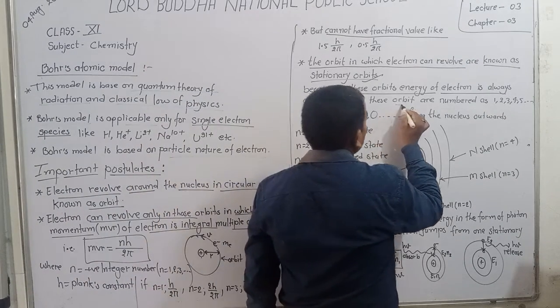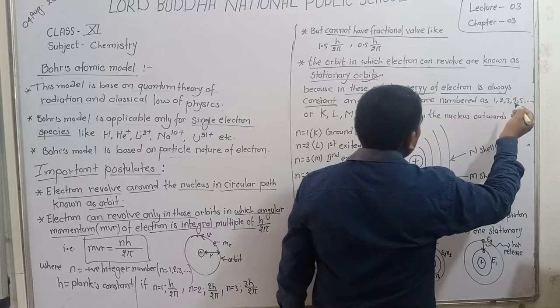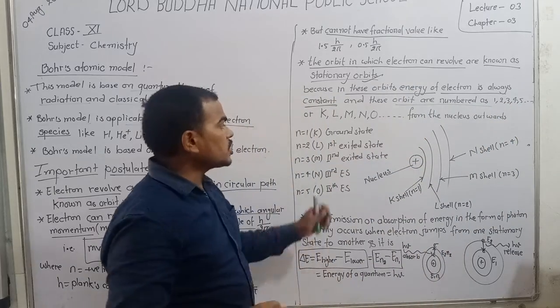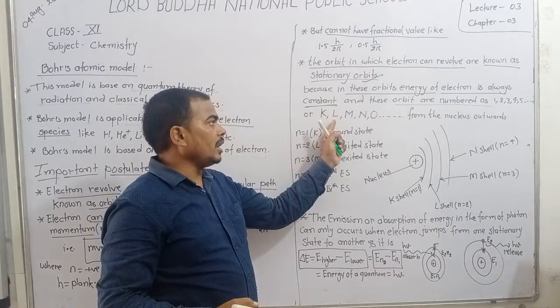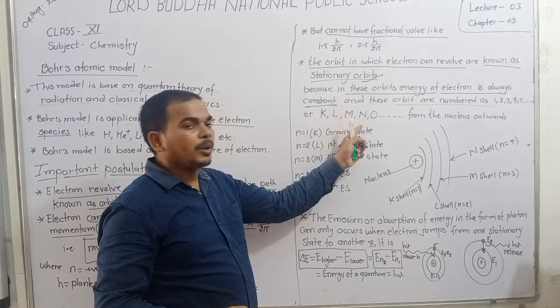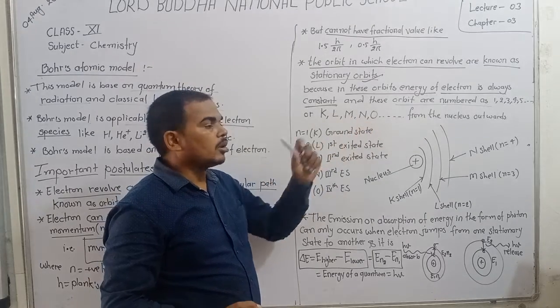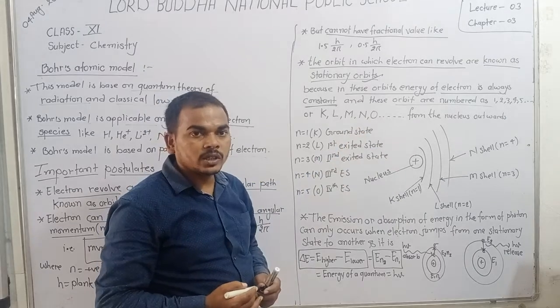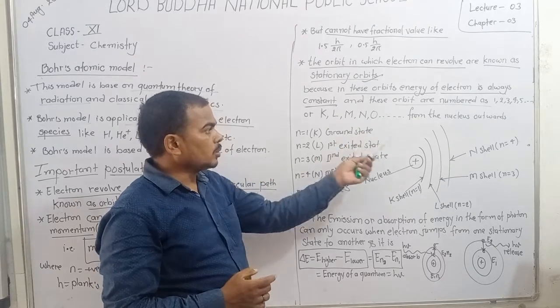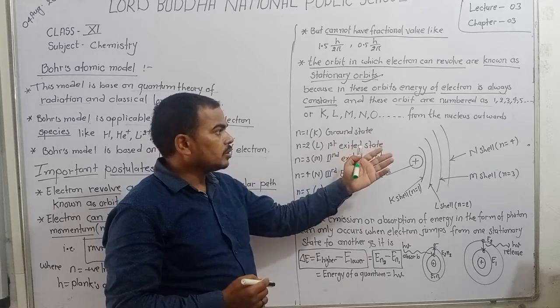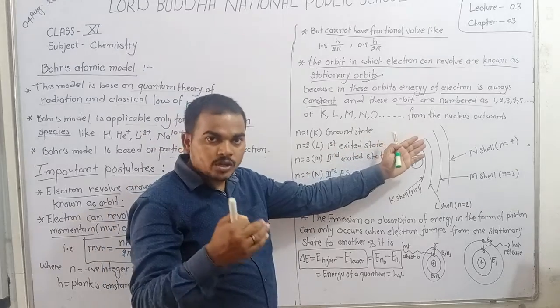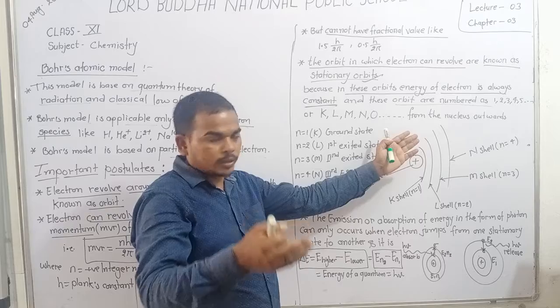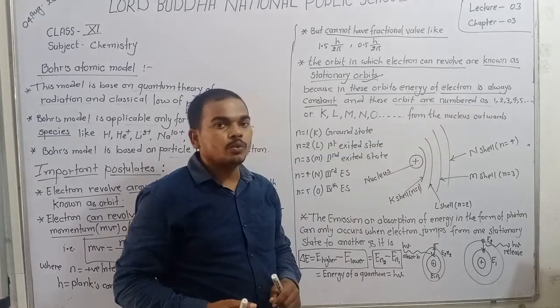And these orbits are numbered 1, 2, 3, 4, 5. For the first orbit K, second orbit L, third orbit M, fourth orbit N, and fifth orbit O, and so on. The notations are used for the orbits counted first, second, third, fourth, fifth from the nucleus outwards.